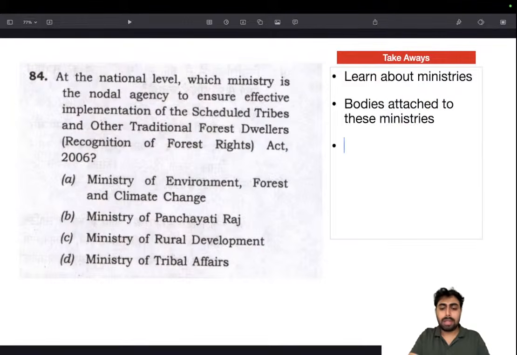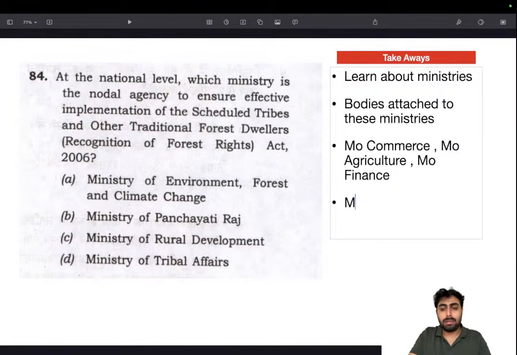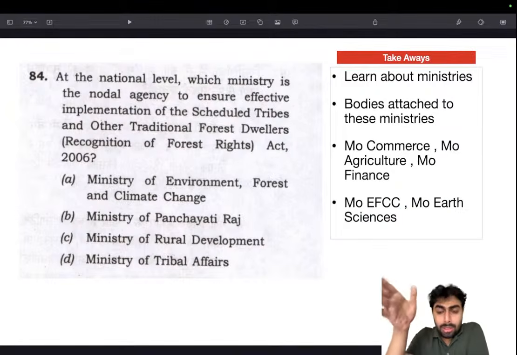The confusing ones are actually Ministry of Commerce, Ministry of Agriculture, Ministry of Finance, Ministry of Environment, Forest and Climate Change, Ministry of Earth Sciences. Because the Geological Survey of India and those sort of things come under the Ministry of Earth Sciences. So these are the things you need to know, and major bodies attached to these ministries.